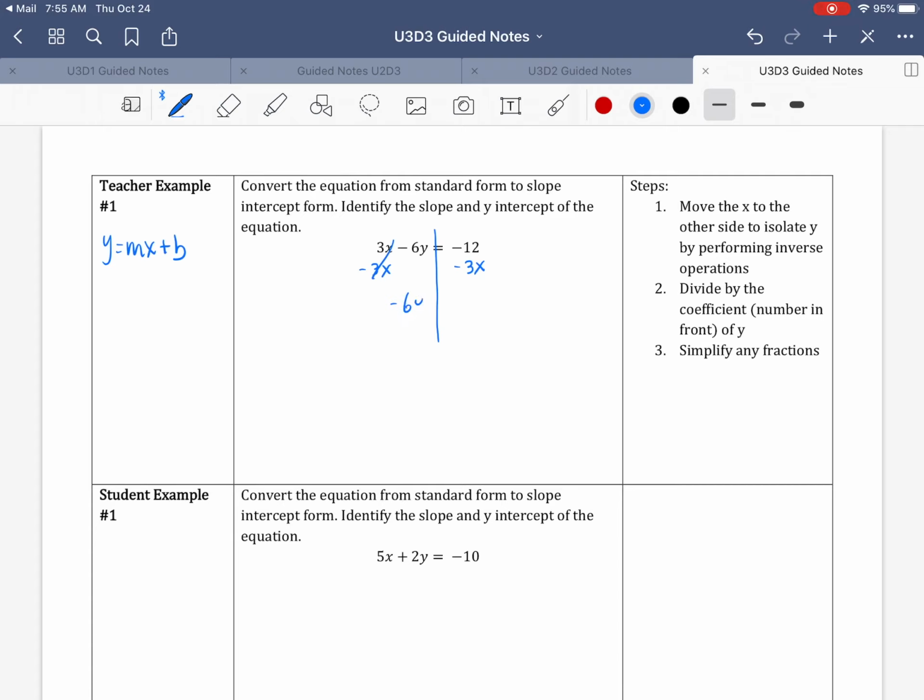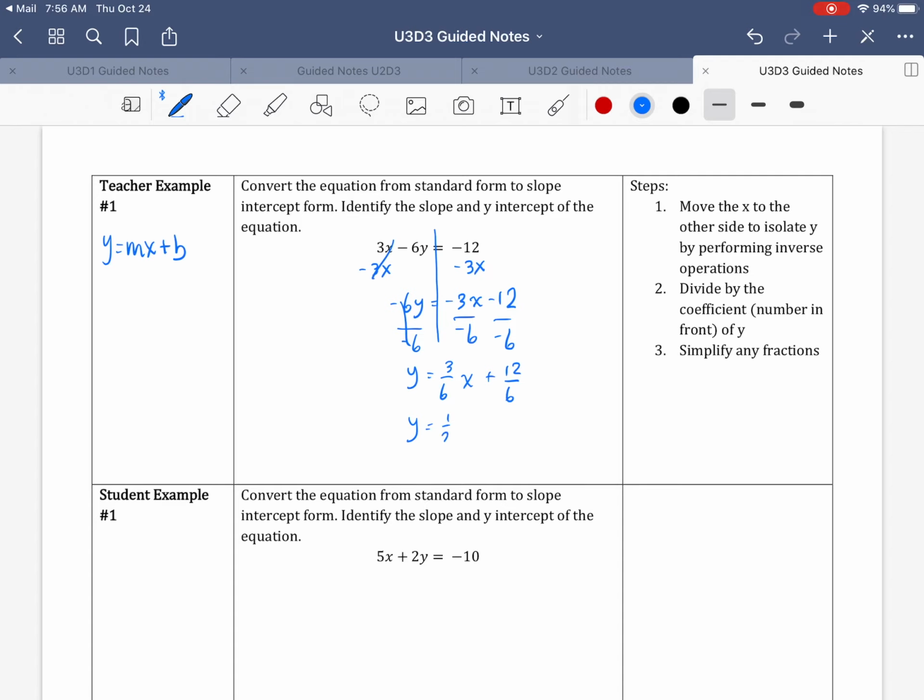We end up with negative 6y equals negative 3x minus 12. Now we still need to completely isolate y. So to do the inverse, we're going to divide by negative 6 on every term. Which leaves us with y equals, a negative divided by a negative is a positive, 3 over 6x, and then again, a negative divided by a negative is a positive, so you get a positive 12 over 6.